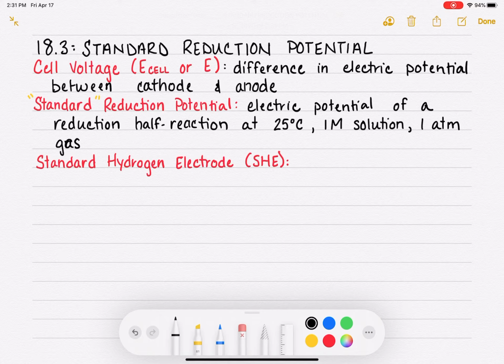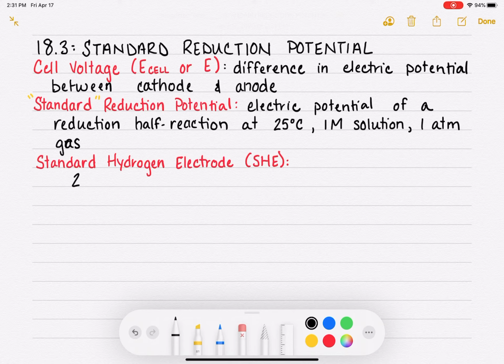The standard reduction potential is a measurement scale, just like inches. And in order for the scale to be established, somebody had to come along and say, we're going to call this one particular reduction reaction 0. We're going to make it our baseline. And for whatever reason, historically, we chose the hydrogen reduction reaction as our 0.